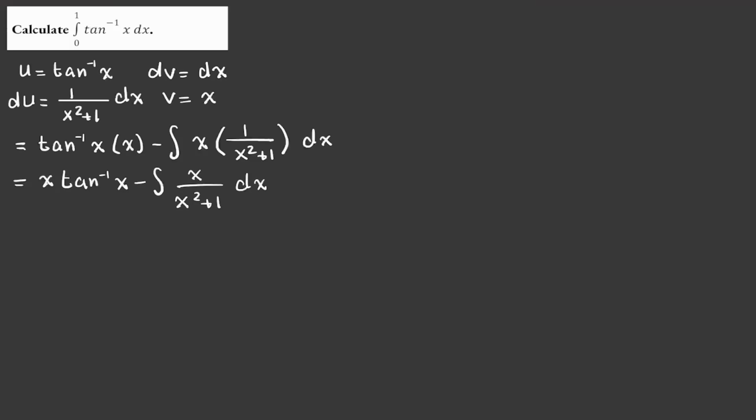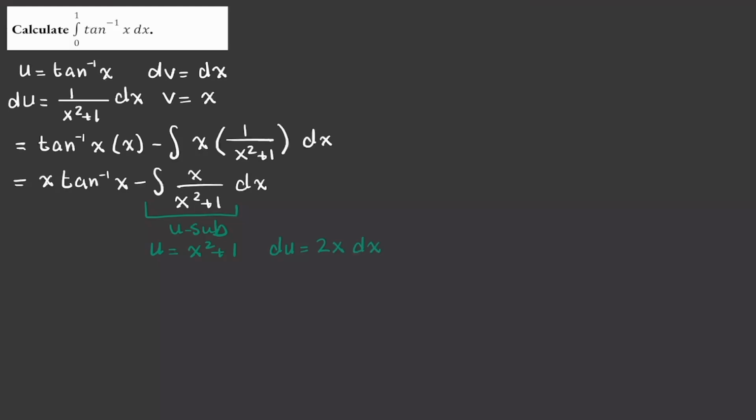I'm going to let my u equal whatever is in the denominator, which is x squared plus 1. My du is going to be the derivative of u, which is 2x dx.